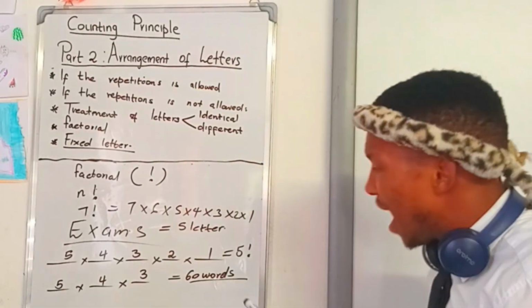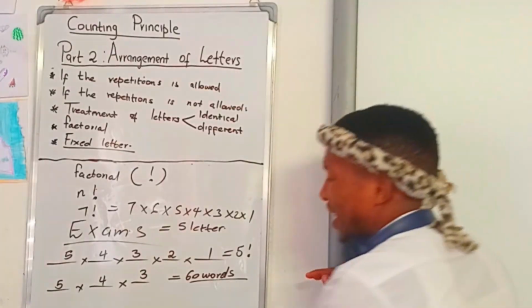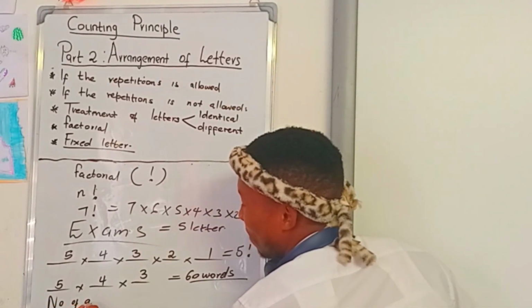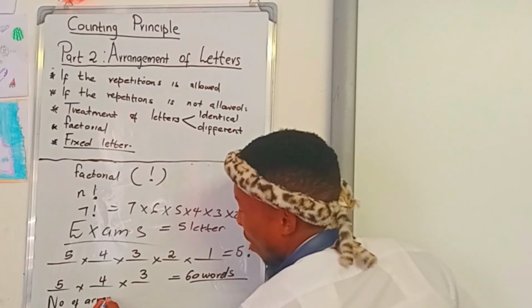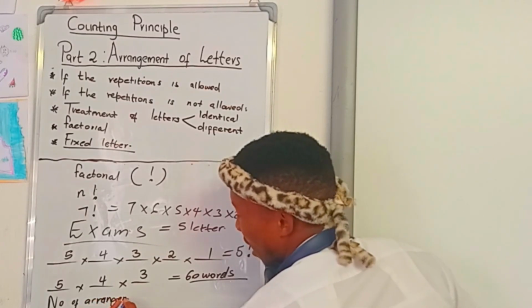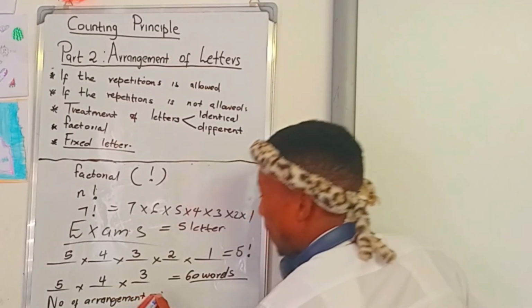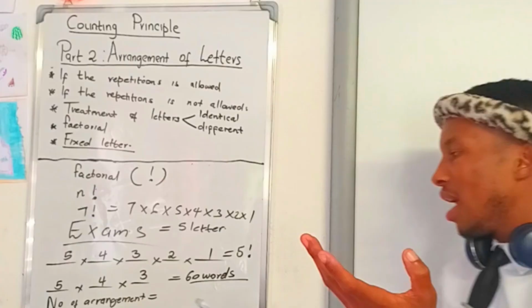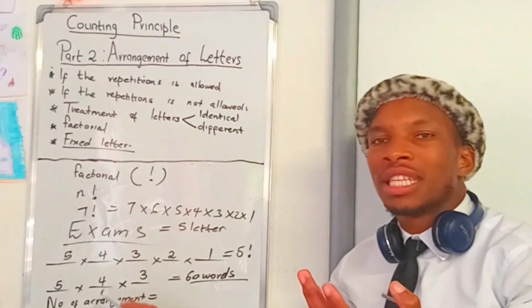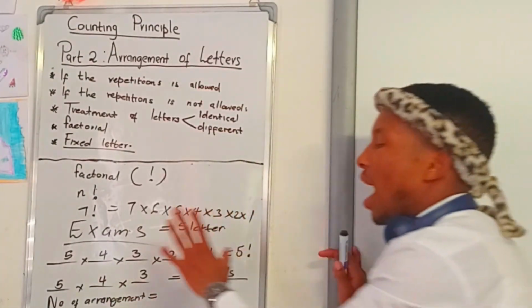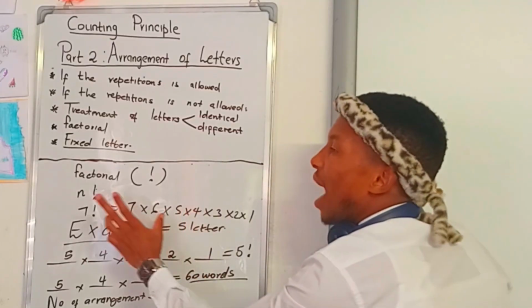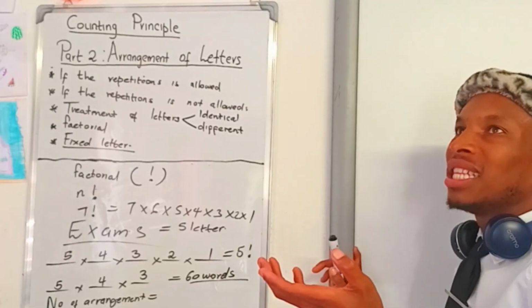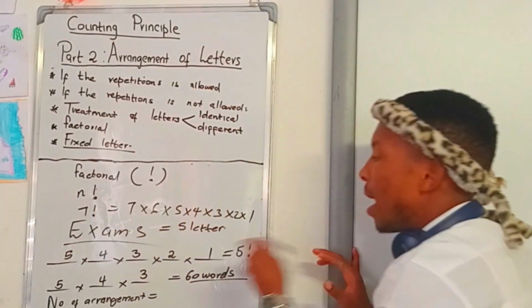Then here we have another rule that I need to give you. It is about the number of arrangements whereby we are arranging something over a short period or a short number of events. As you see here, we have 5 letters, but you need to arrange these letters in positions that are fewer than the number of letters.